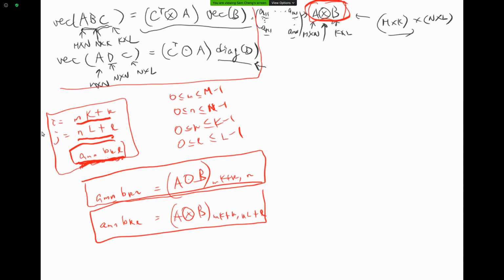Before I continue with the proof, let's first look at some applications of these identities. First of all, let's consider the problem of approximating a large matrix with a lower rank matrix.